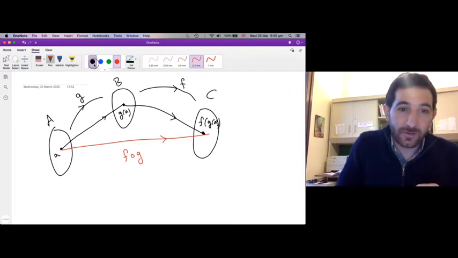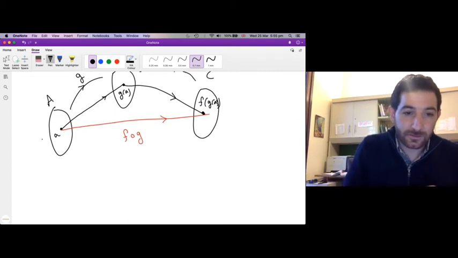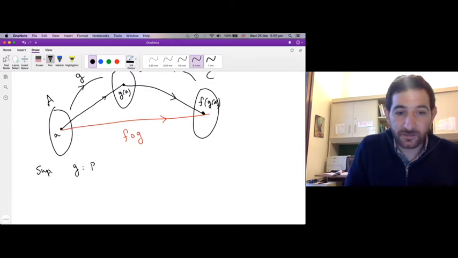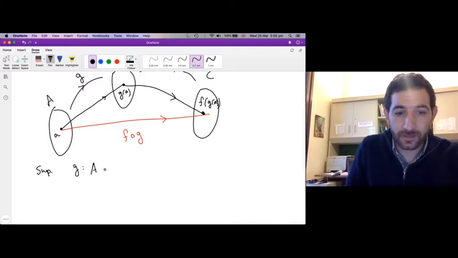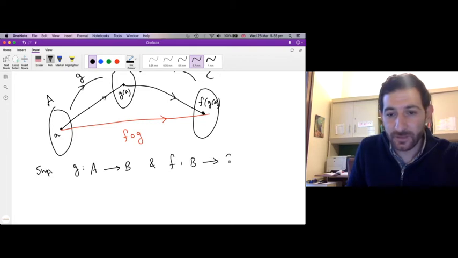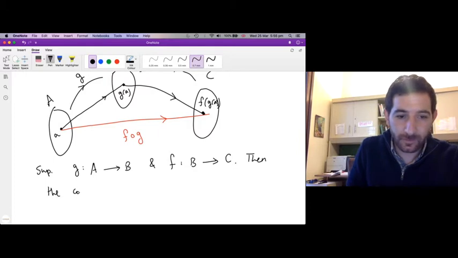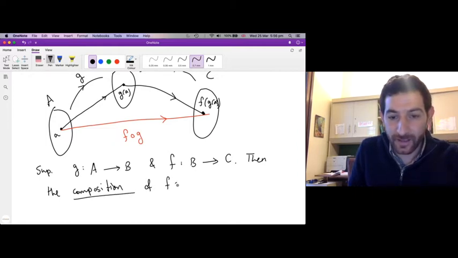So let me write this properly. Okay, so suppose g is a function from A to B, and f is a function from B to C. Okay, then the composition of f, let me say after g, is the function.